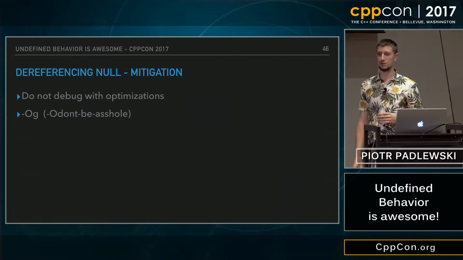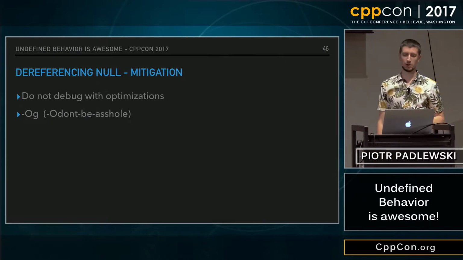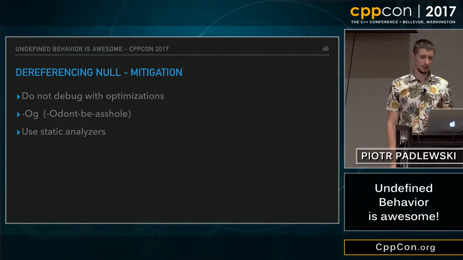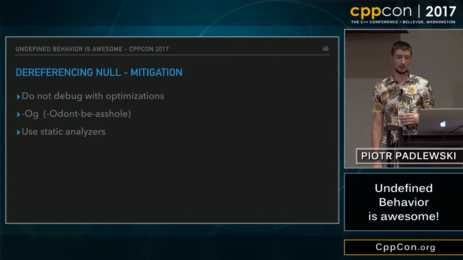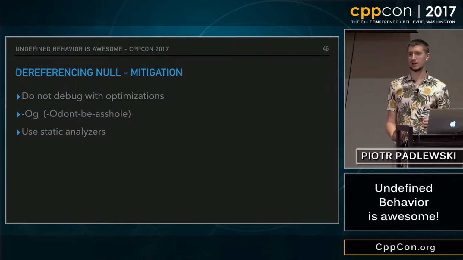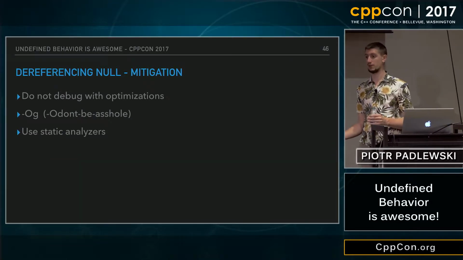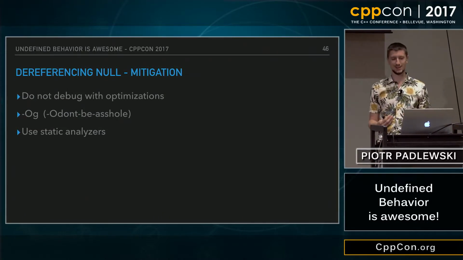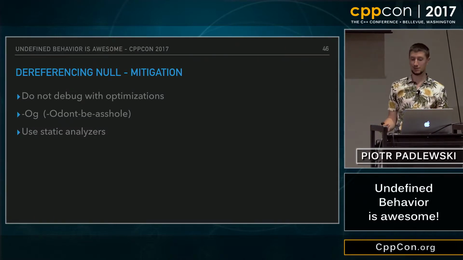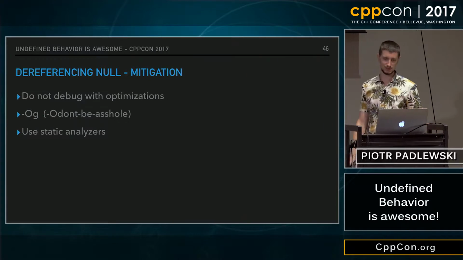I think Clang is trying to have it as O1, but there is not a lot of work going on with this right now. We can also use static analyzers. In my opinion, it would be very nice to have a flag saying please don't perform weird optimizations that will be very hard to debug, or that I don't care about.